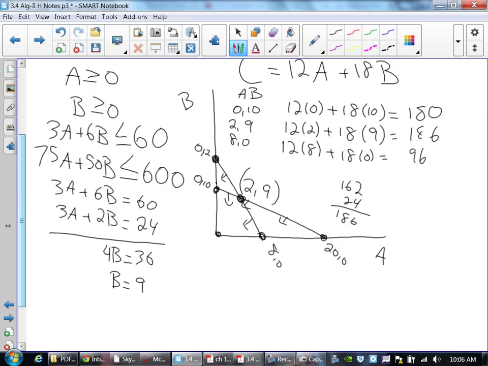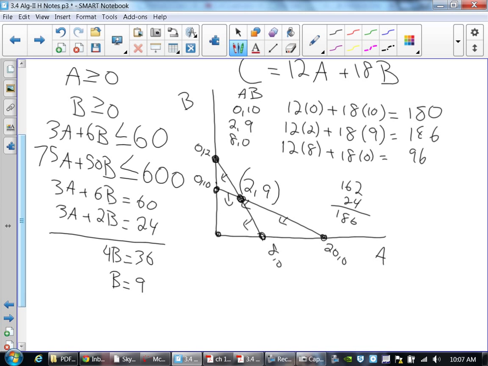While I'm passing some of this stuff back, I would like you to try and set up question number 1. Come on, ladies and gentlemen. I want you to set up your constraints for question number 1.